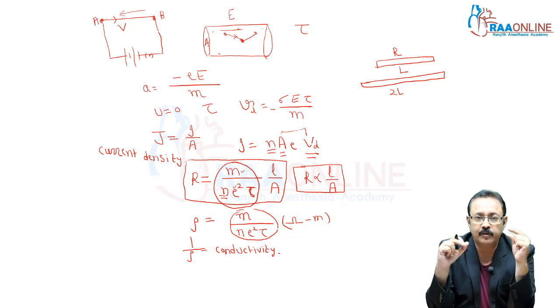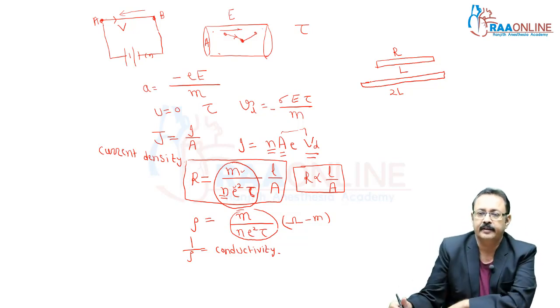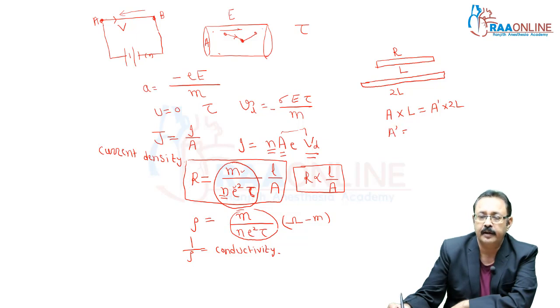Means the area of cross section is also changing, since volume is constant. So if the initial length was L, the new area of cross section is A dash, new length is 2L. It means the new area of cross section is half of the old area of cross section.